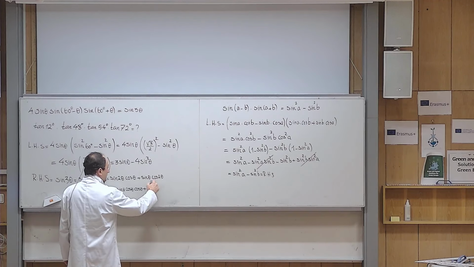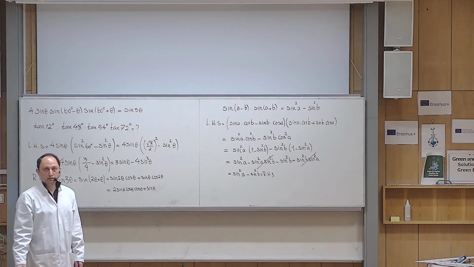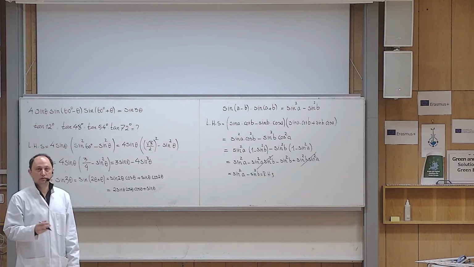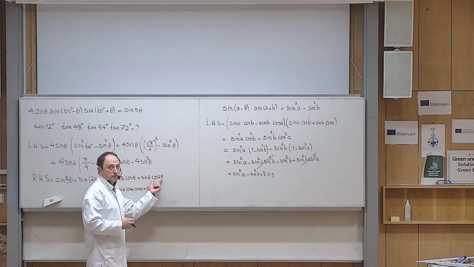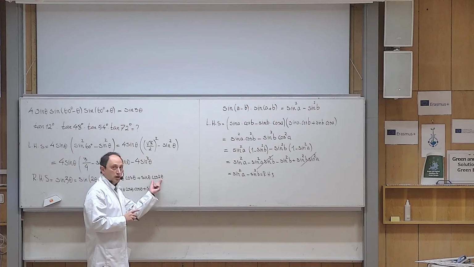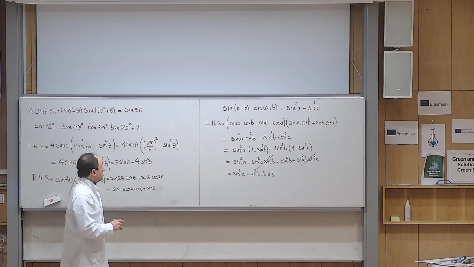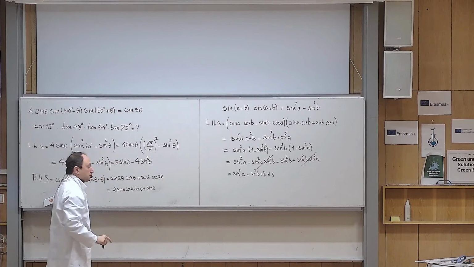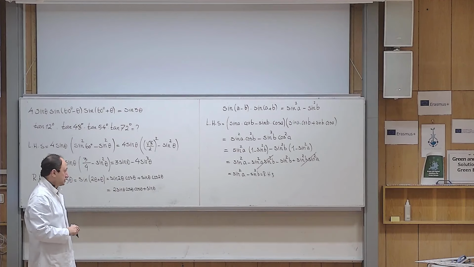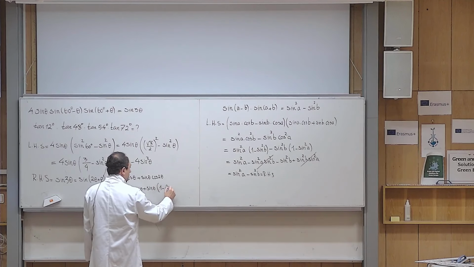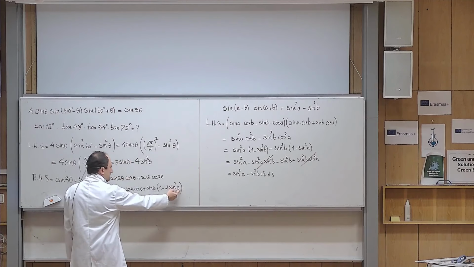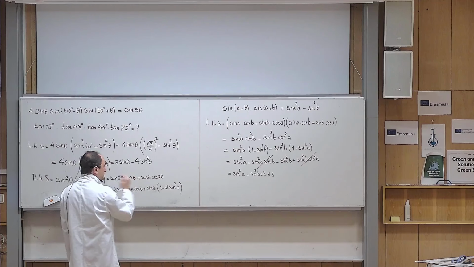And the problem is that for cosine 2 theta, I have three formulas. One formula is a mixture between sine and cosine. One formula expresses cosine 2 theta solely in terms of cosine, and another expresses it solely in terms of sine. But because I want to have sine involved, I use the third alternative. So in principle, instead of that one, I would write 1 minus 2 sine squared theta. So I use this version of the formula for cosine 2 theta.